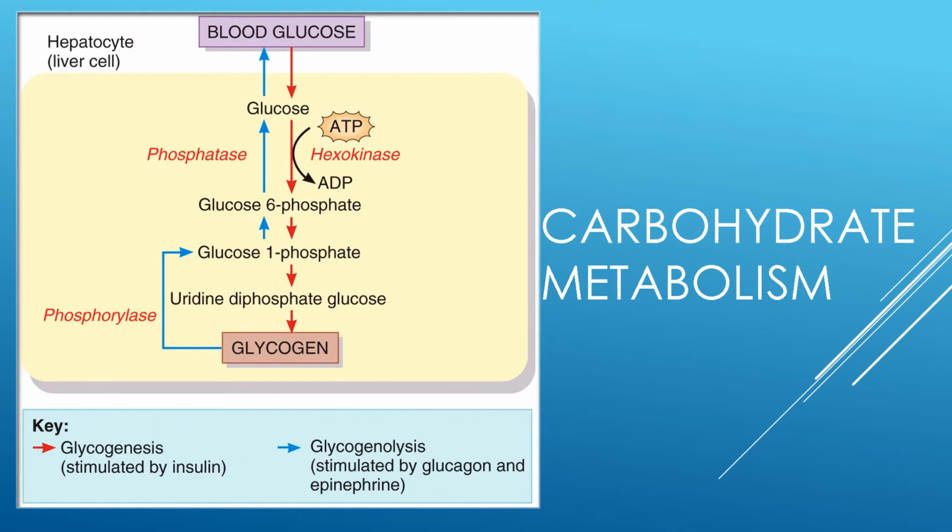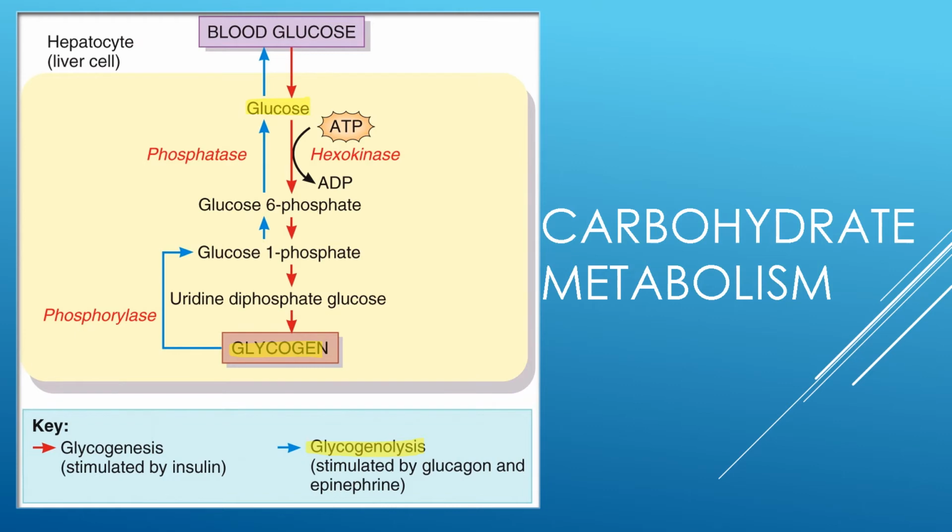Glycogenolysis is not a simple reversal of the steps of glycogenesis. So on the left side here with the blue arrows, it shows glycogenolysis. Now remember, glycogenolysis is going to be that breakdown of glycogen to glucose.